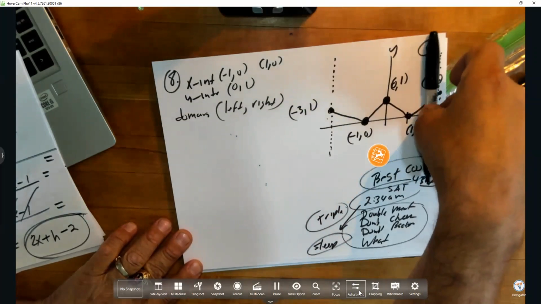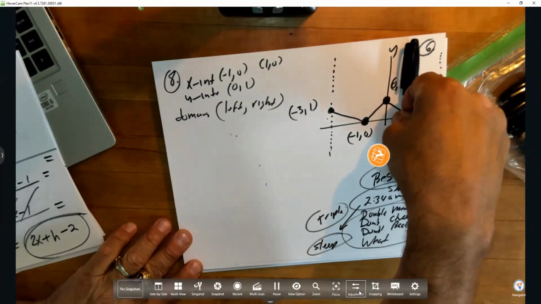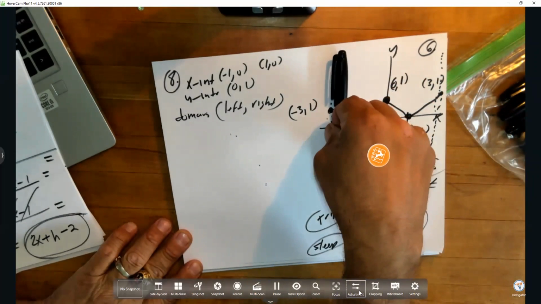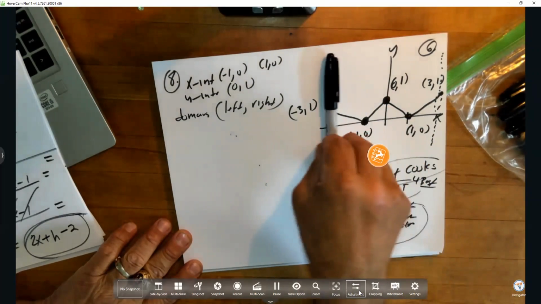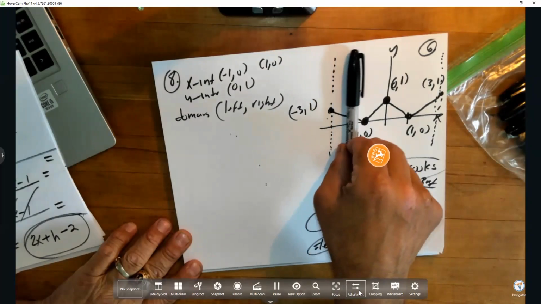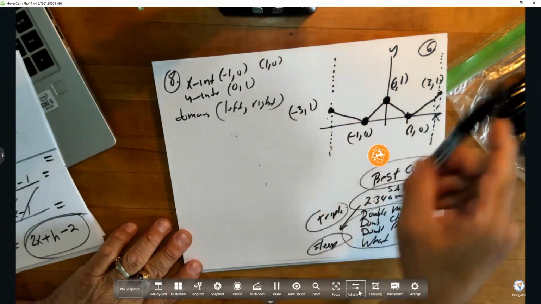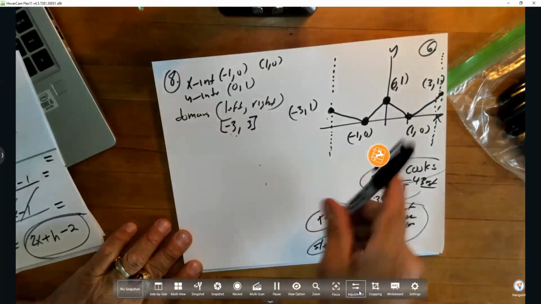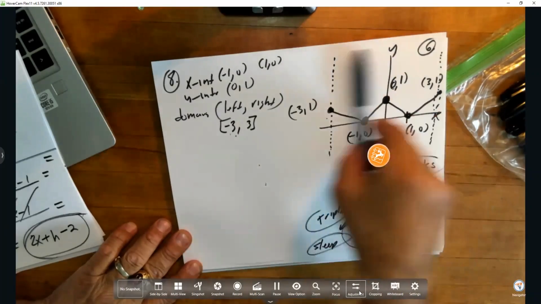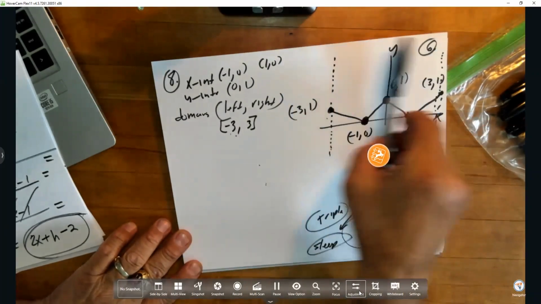To the left, this picture goes all the way to -3. It stops right there. And then it moves to the right, how far? 3. So it's stuck between -3 and 3. So domain is left and right, somewhere in here. Does that make sense for domain?